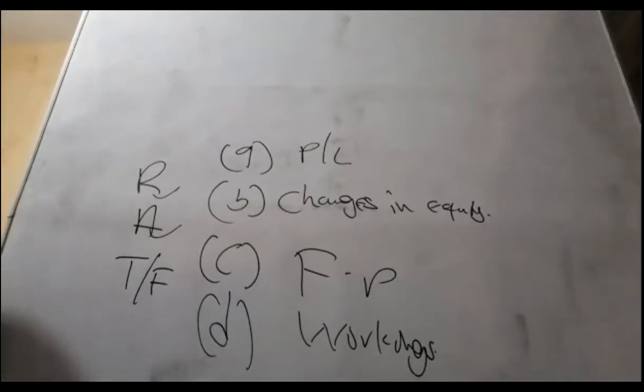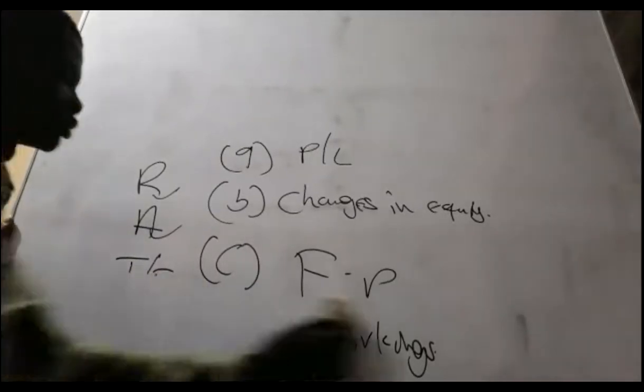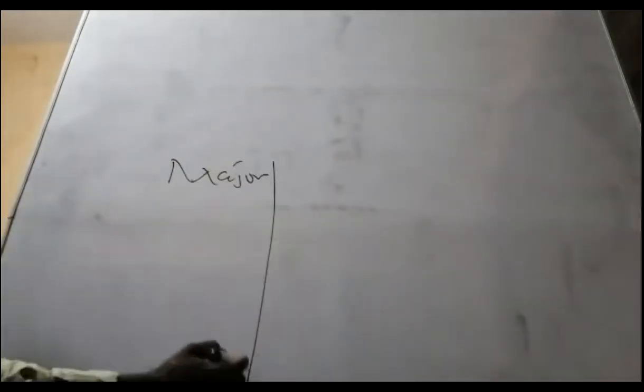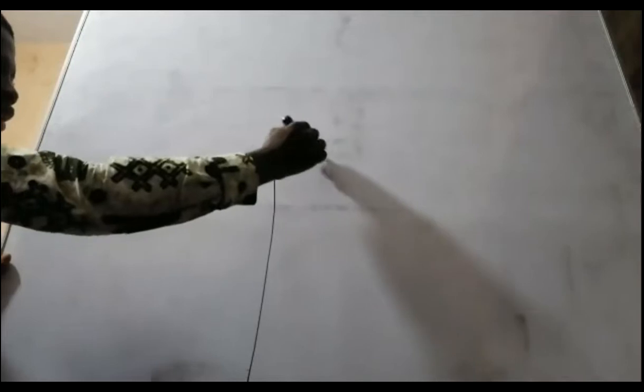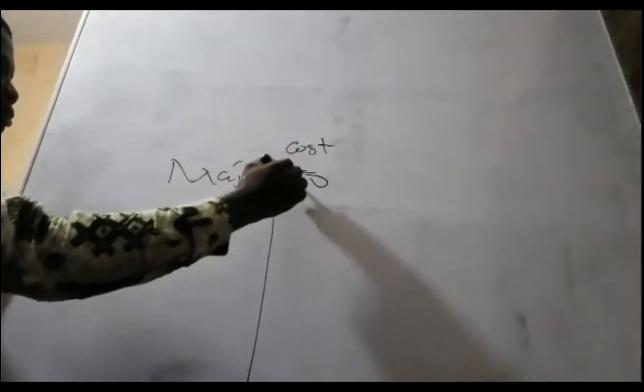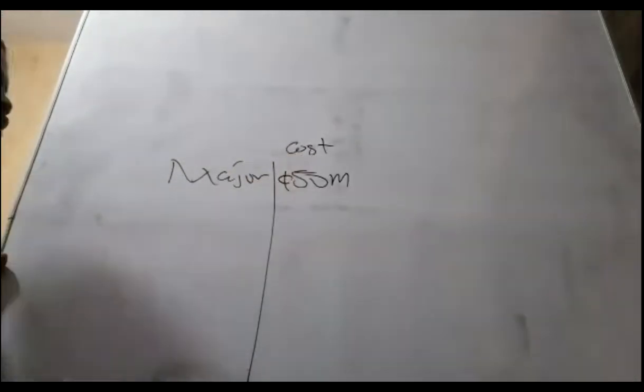So we are saying that if all the goods happen to be major, you need major repairs, then the cost will be 50 million for all the goods sold.